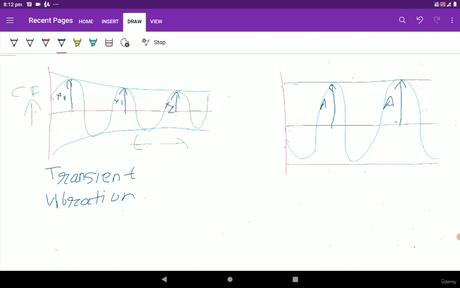So we can say this is plus A, and this is minus A, and this is the particular integral in y direction. So this type of plot is called steady state response.